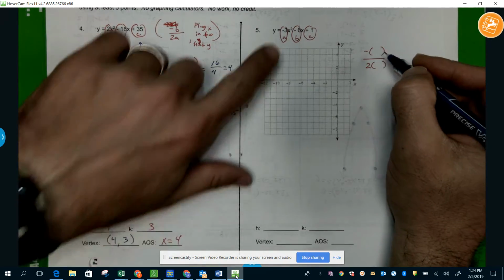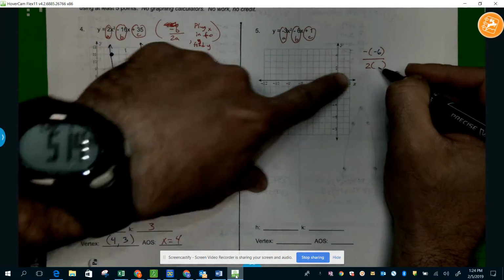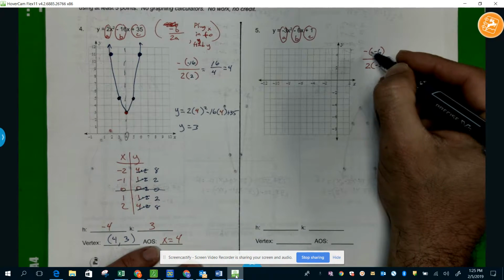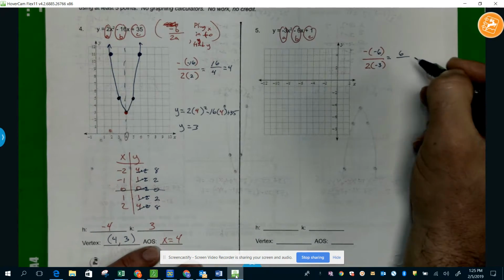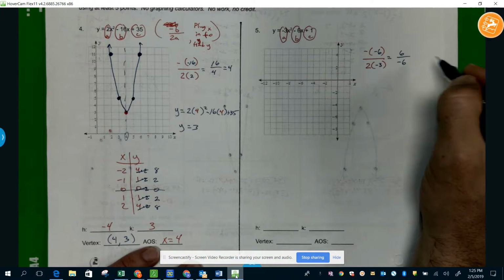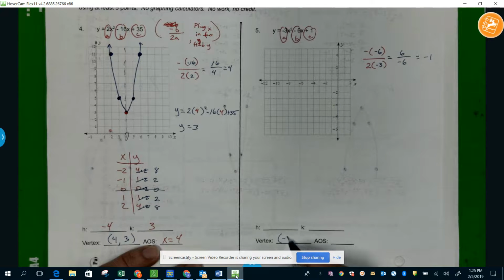My b, which goes in the top parenthesis, is negative 6, and my a value in the denominator is negative 3. So negative times negative 6 is positive 6. 2 times negative 3 is negative 6. And 6 divided by negative 6 is negative 1. So the x value of my vertex is negative 1, which also tells me the axis of symmetry is going to be x equals negative 1.